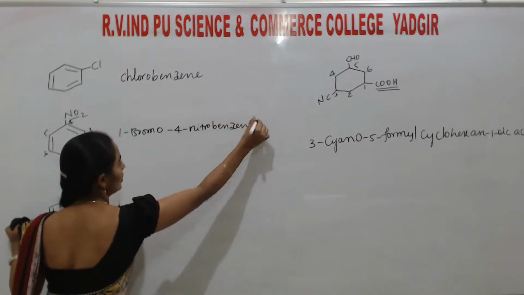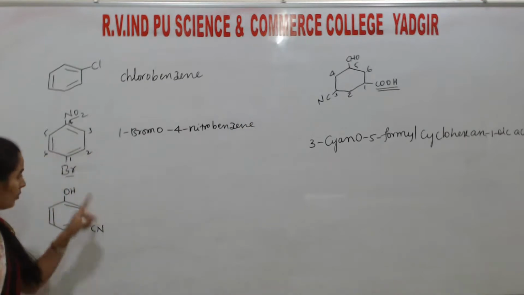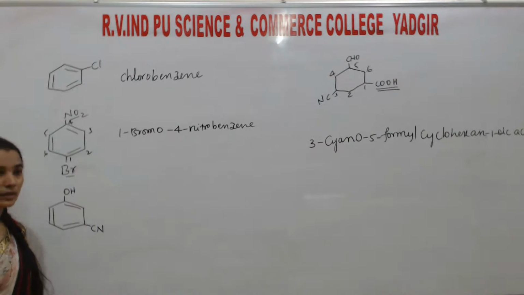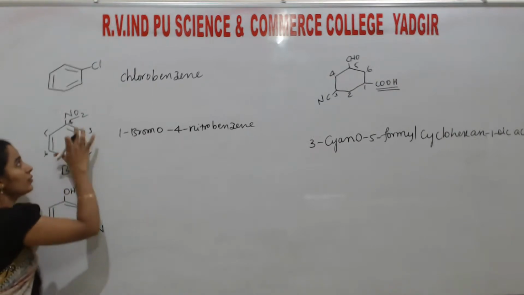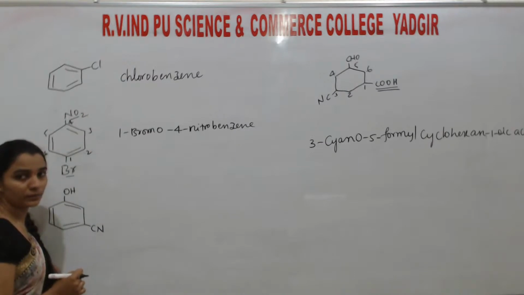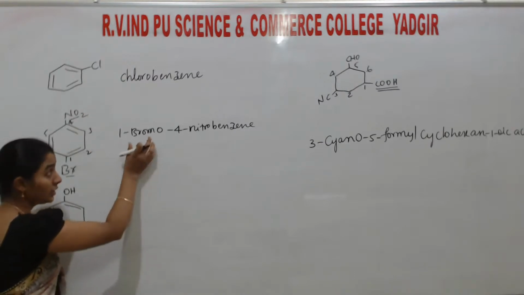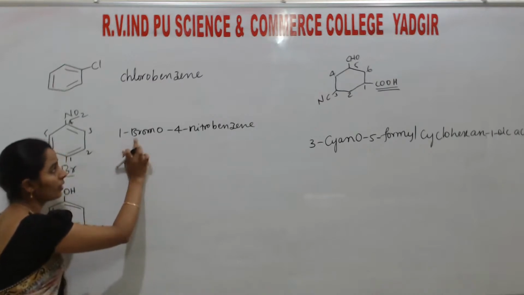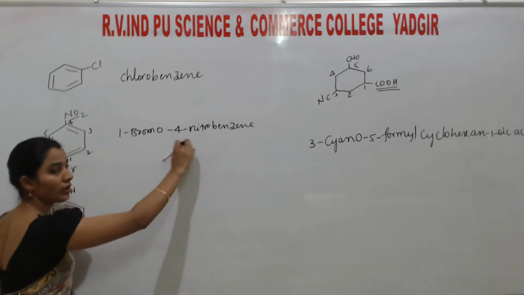Are you getting the numbering and the naming of the compound? 1-bromo, 4-nitro, benzene. Of course, this is bromobenzene, to which at the fourth position a nitro group is attached. Understand? But here, according to alphabetical order, B comes first. So 1-bromo, 4-nitro, benzene.